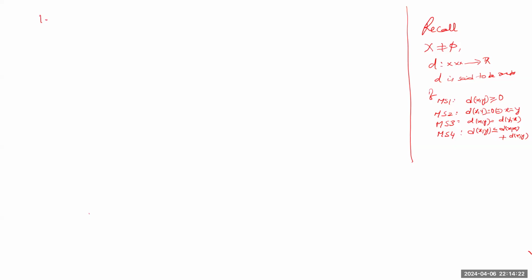Number one: d is a function from R cross R to R, and d(x, y) equals the modulus of x square minus y square, for all x, y belonging to R. So now I am going to determine whether this d is a metric or not.